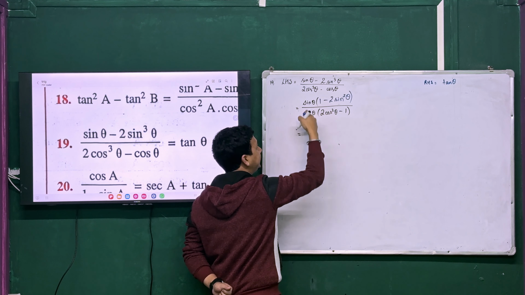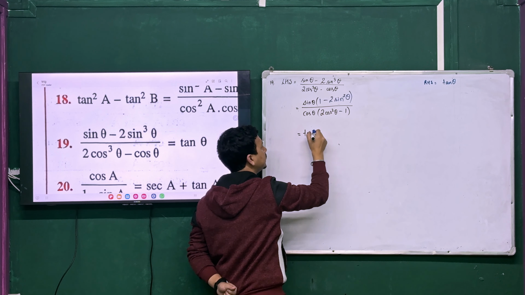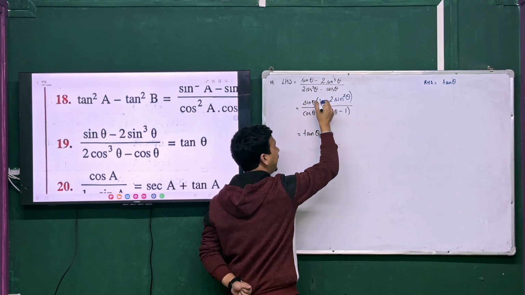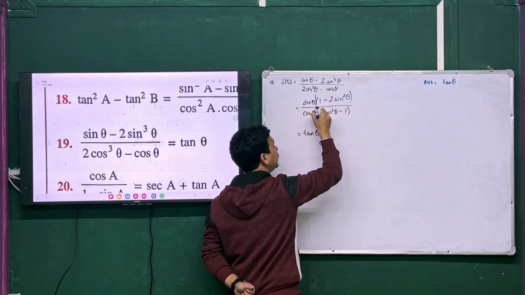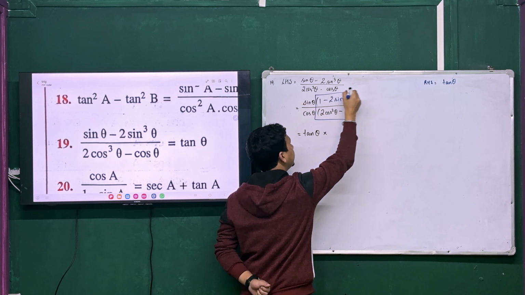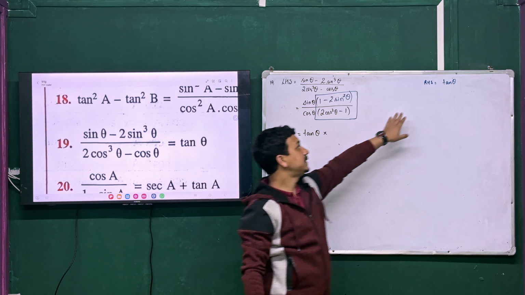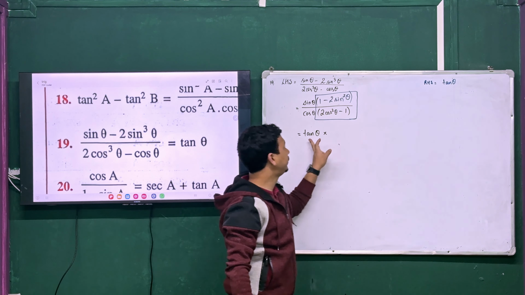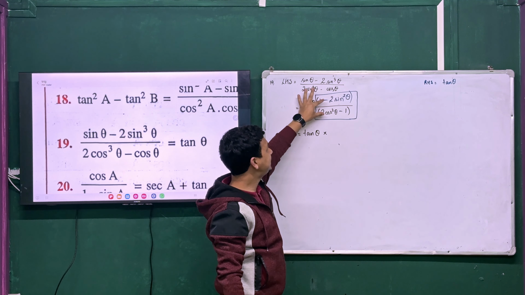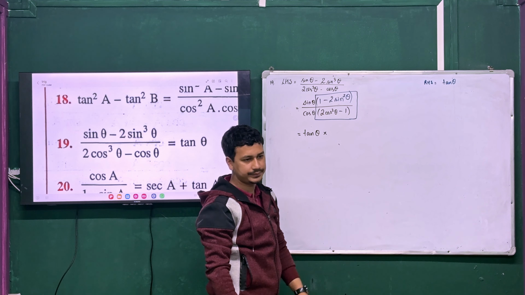Now sine theta by cos theta is nothing but tan theta, and this is something that is extra. Because the right hand side is just tan theta, which we already got. So this somehow needs to be cancelled.